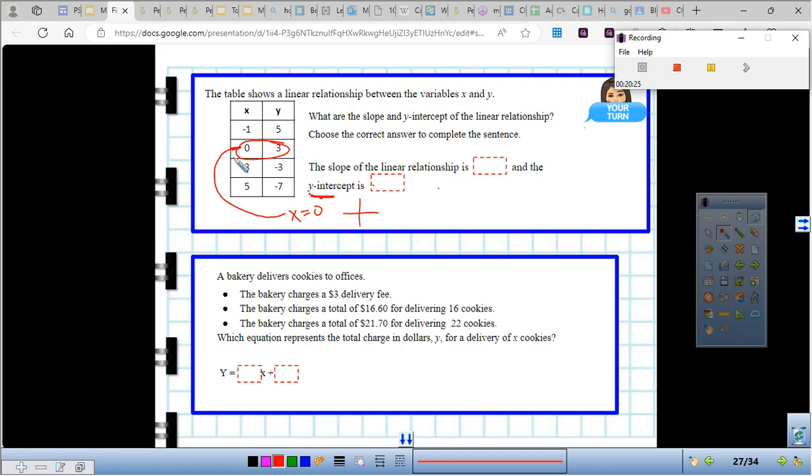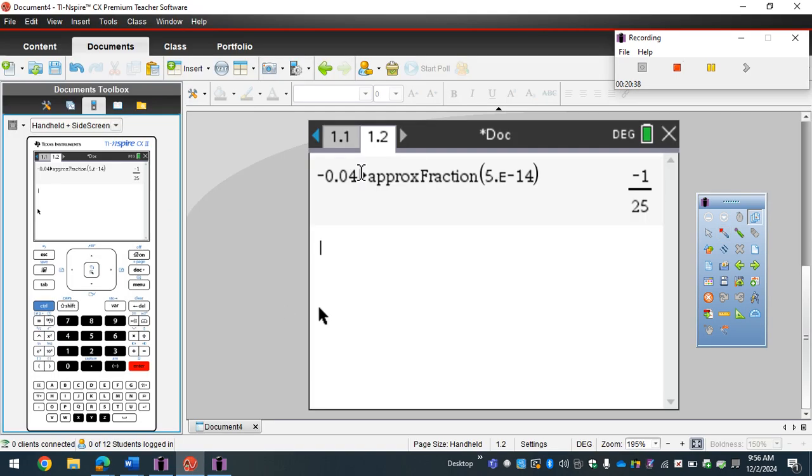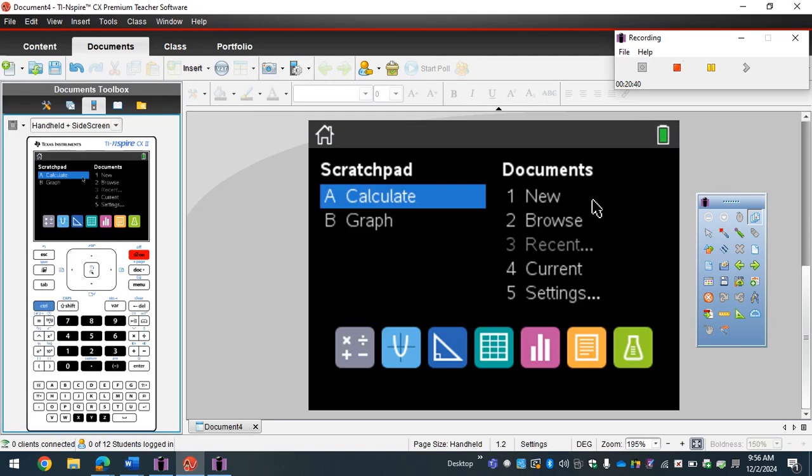But I want you all to think about this in general. Once you see 2 points, once you see a table, this is versus menu 4 and 3. I'll use -1, 5, and 0, 3, and just start it all over.